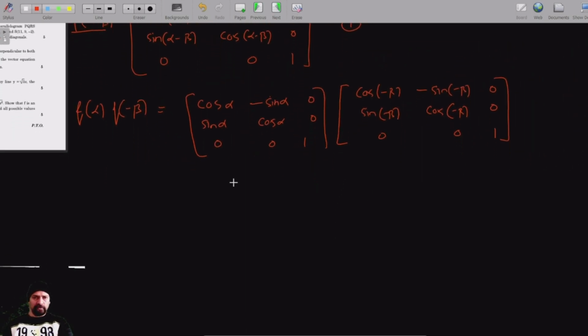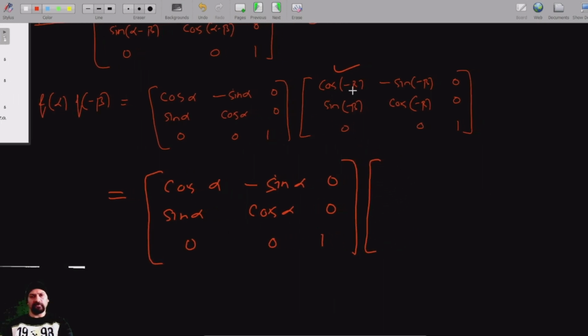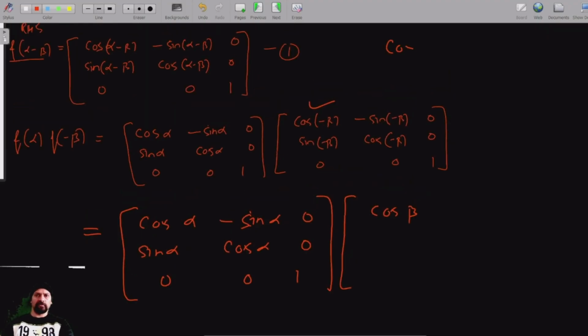Okay, now we have to multiply this, but before that, let's just simplify this. Our first matrix is cos alpha, minus sin alpha, 0, sin alpha, cos alpha, 0, 0, 0, 1. Now cos of minus beta is cos beta, because we know that cos of minus x is cos x, and the sine of minus x is negative sine x.